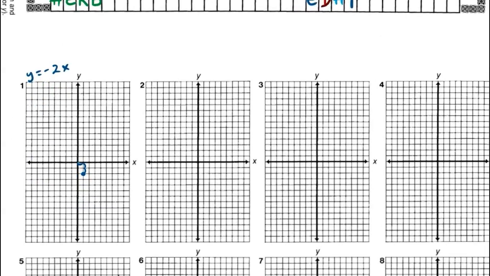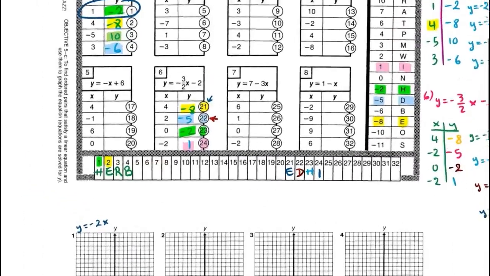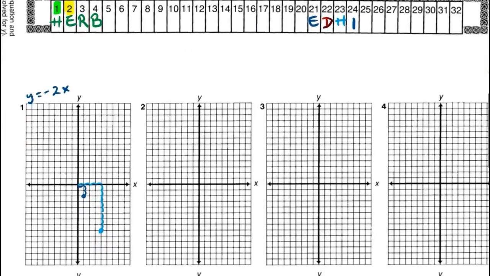4, negative 8 means 4 over and go down 8: 1, 2, 3, 4, 5, 6, 7, 8. Okay. Next point is negative 5, 10. So go to the left 5, 1, 2, 3, 4, 5, and up 10, 1, 2, 3, 4, 5, 6, 7, 8, 9, 10.